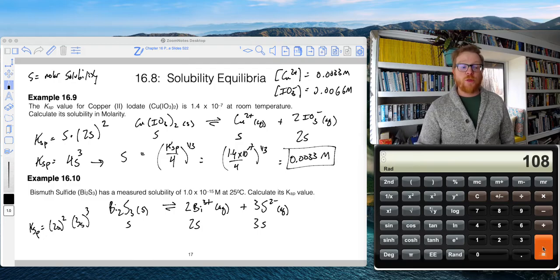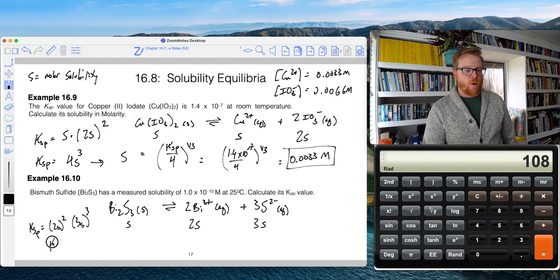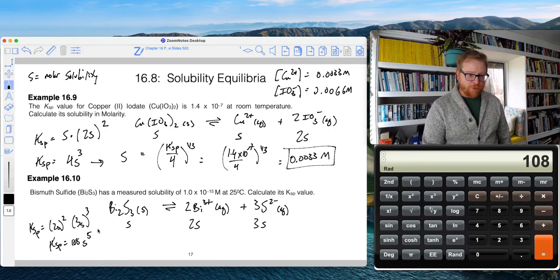And that whole thing now equals 108s to the 5th power. I was given the value of S, that molar solubility. Now I'm asked to calculate KSP. So that's just simply going to be 108 times, and now I put in that molar solubility, 1 times 10 minus 15, all to the 5th power.